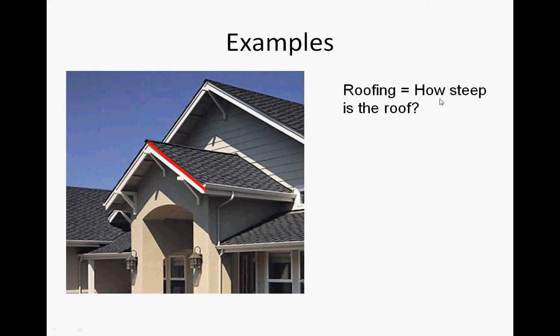So in roofing, we want to know how steep is this roof. We need to take the change in y, then we take the change in x, and we divide them, and it's called rise over run, because remember, the y goes up, and the x goes across. It's rise over run. The other thing I want to point out to you here is that my distance is measured from the top of this line to the bottom of the line, but in a nice straight line up and down.